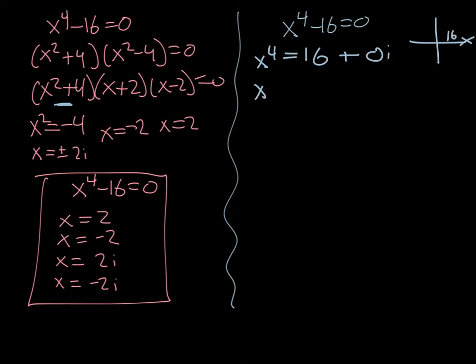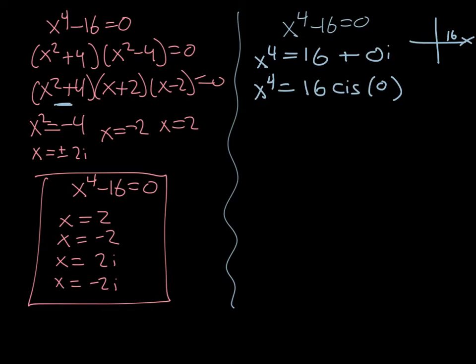So writing this in complex polar form, my radius is 16, cis, my angle is 0. My angle is 0 there.